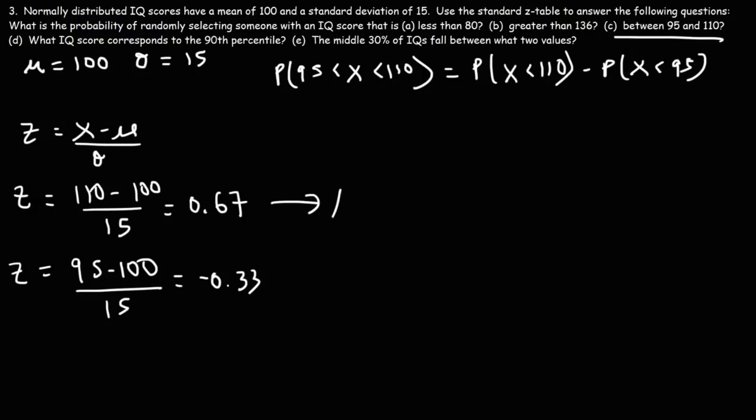So the area that corresponds to a z-score of positive 0.67 using the positive z-score table, that is 0.74857. And the area that corresponds to a z-score of negative 0.33 using the negative z-score table, that's 0.37070.